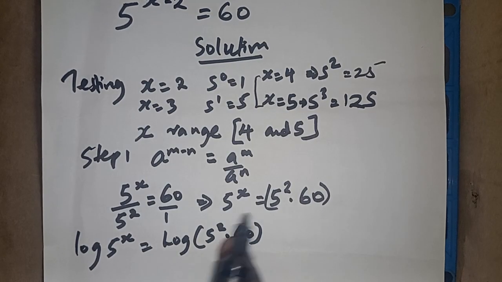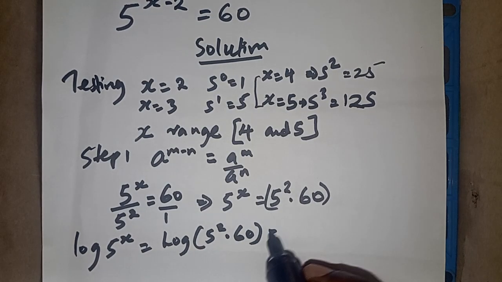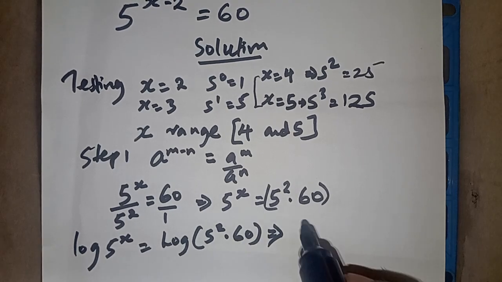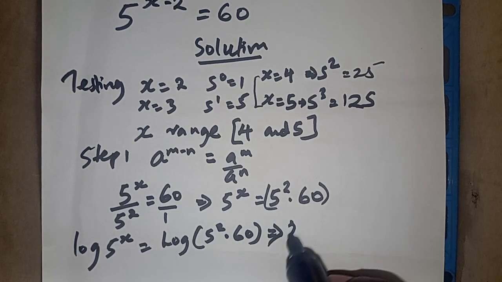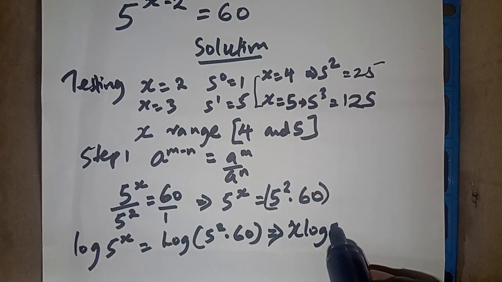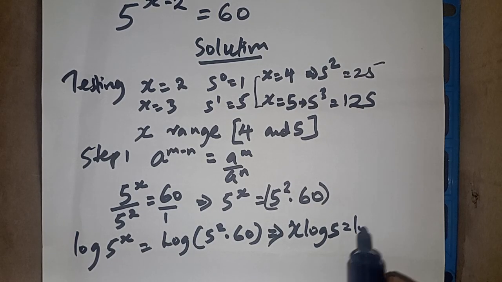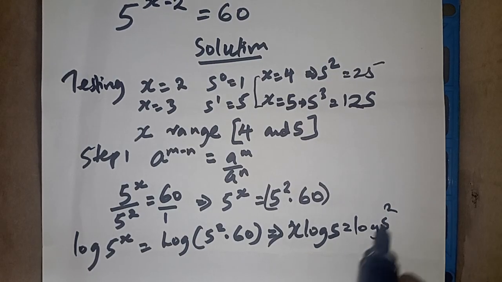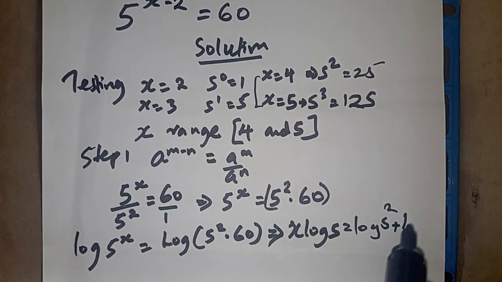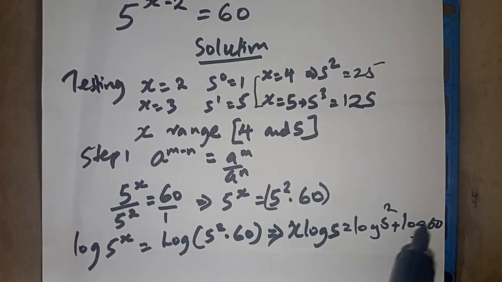And when the logs are being multiplied, this implies that x log 5, this having come this side, should be equal to the log of 5 squared plus the log of 60.